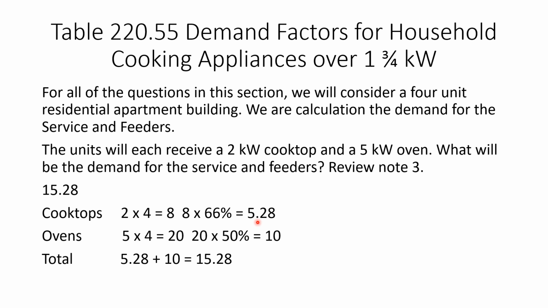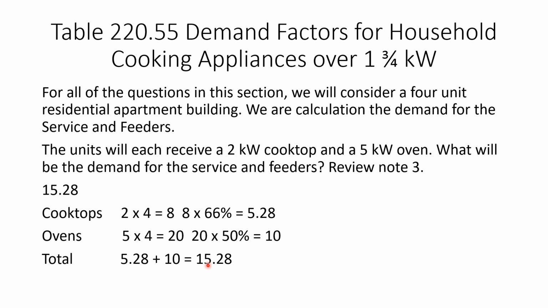Okay, great. Then we did our ovens. They were 5 kilowatt, and there were 4 of them again, so it was 20. We look at column B. What's our percentage? 50. So we take our 20 times 50%, which is 10. So we add the cooktops and the ovens together. 5.28 plus 10, 15.28 is your total for those.